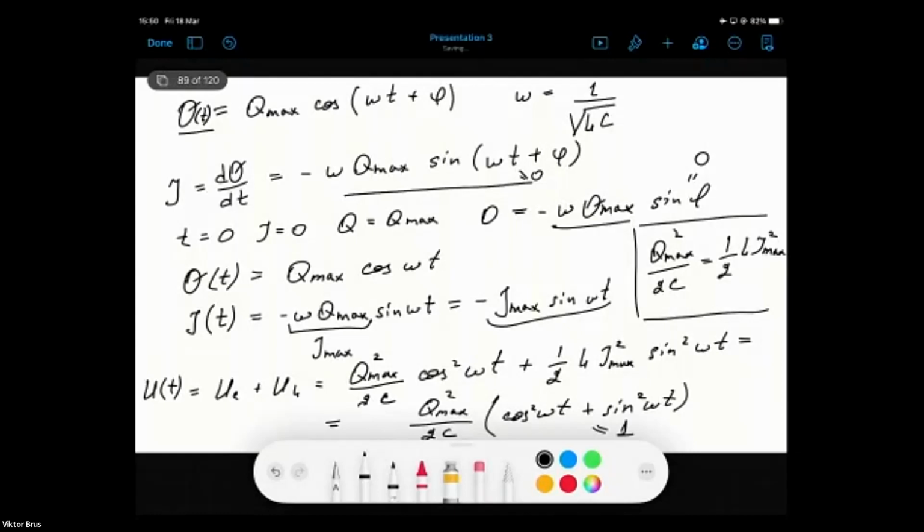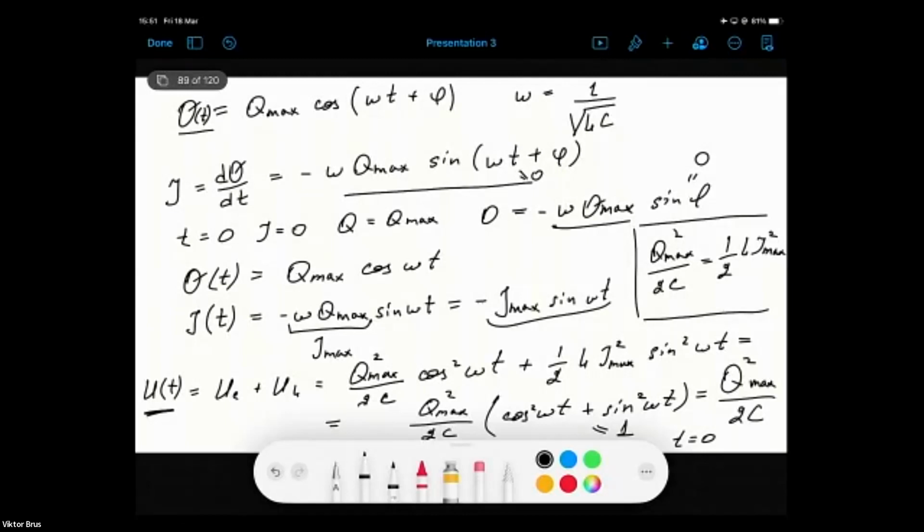So the total energy over time will not change, because at any moment of time it will be constant and equal to the initial energy, let's say, accumulated in the capacitor before this time moment t equals 0, when these oscillations in the LC circuit started.